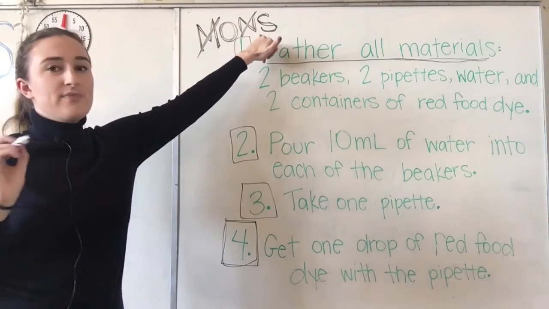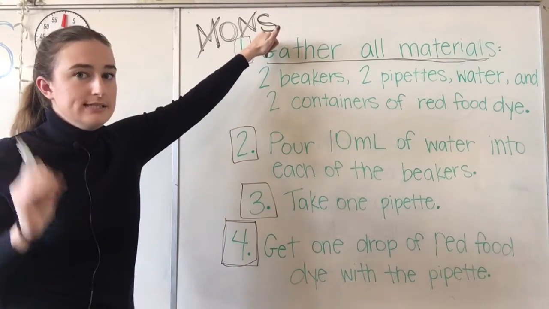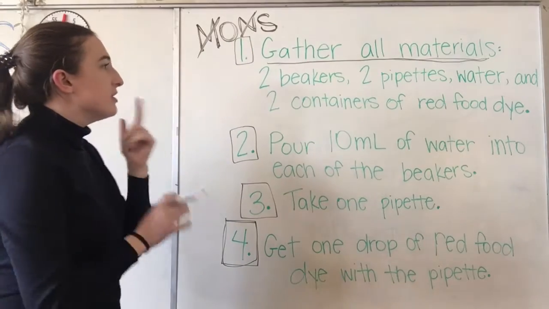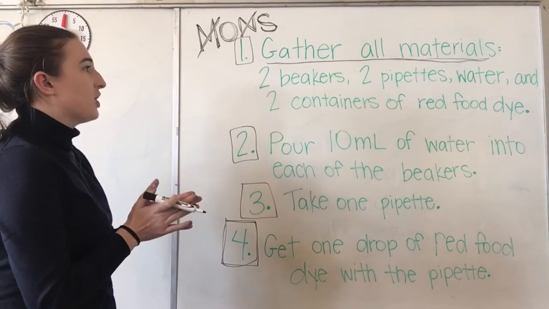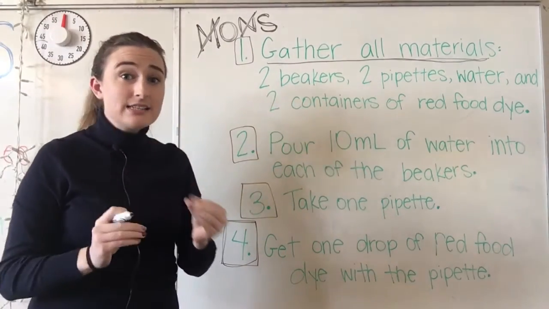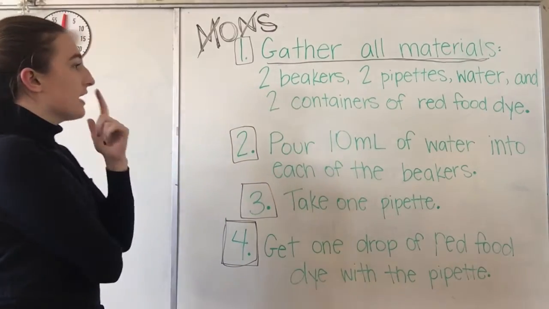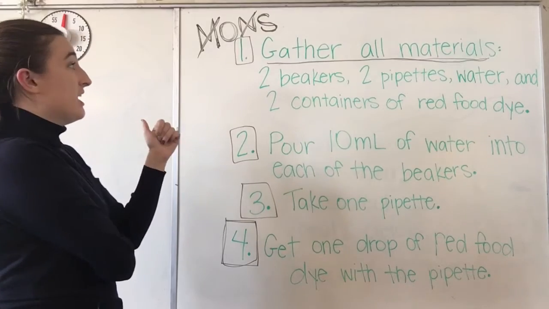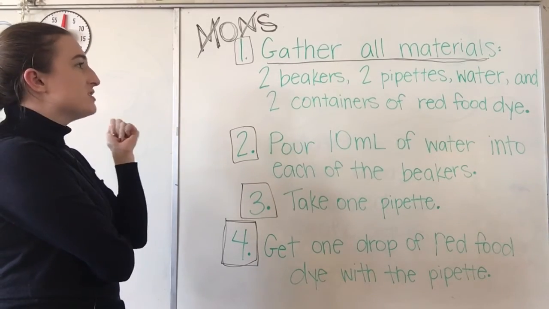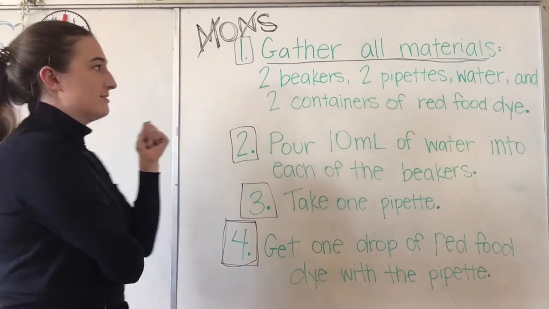All right, S. S stands for specific details. So we are looking, does this procedure tell me exactly what I need down to the T? So I am going to look, and this is the hardest one. I'm going to look in the procedure. Do we have specific details?